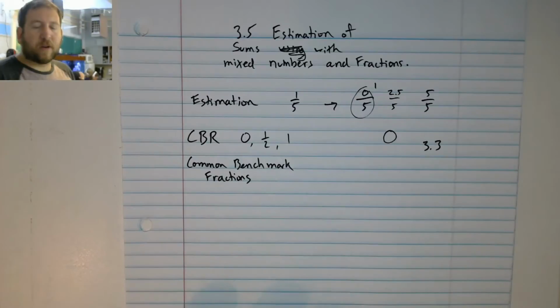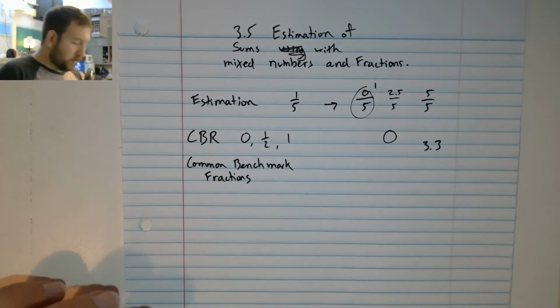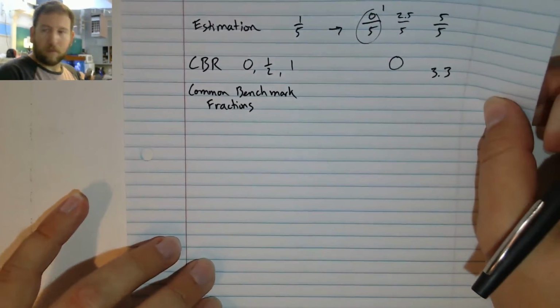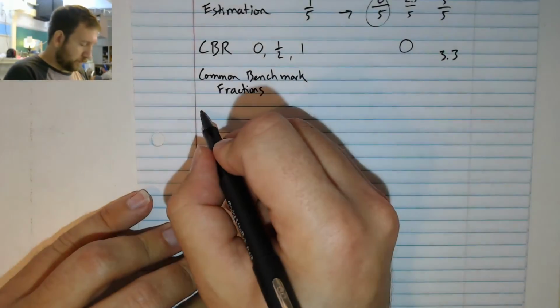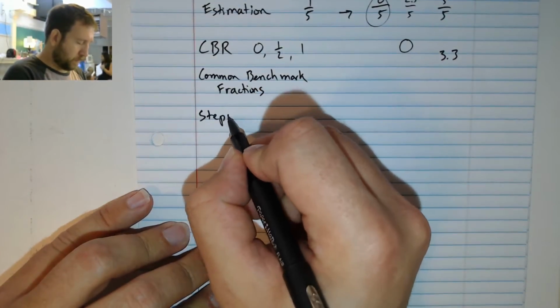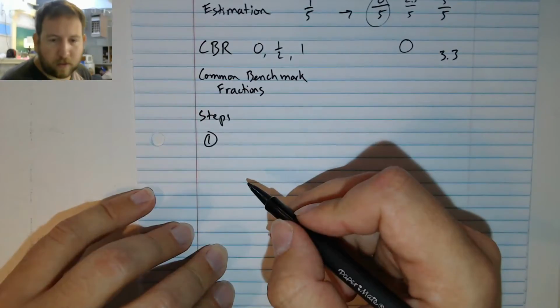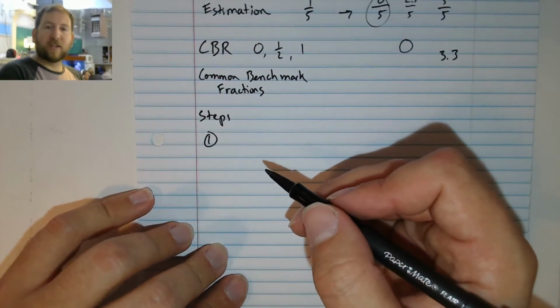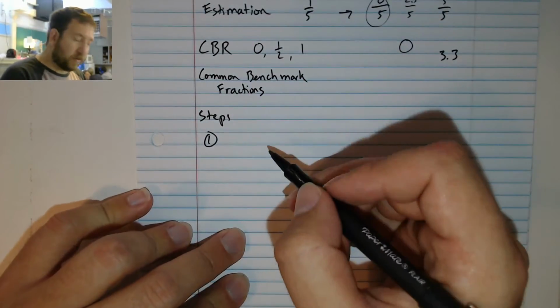Alright, now this time we're going to be doing some adding. So we have just two steps. Our first step is going to be approximate the value of each of the fractions using CBR.